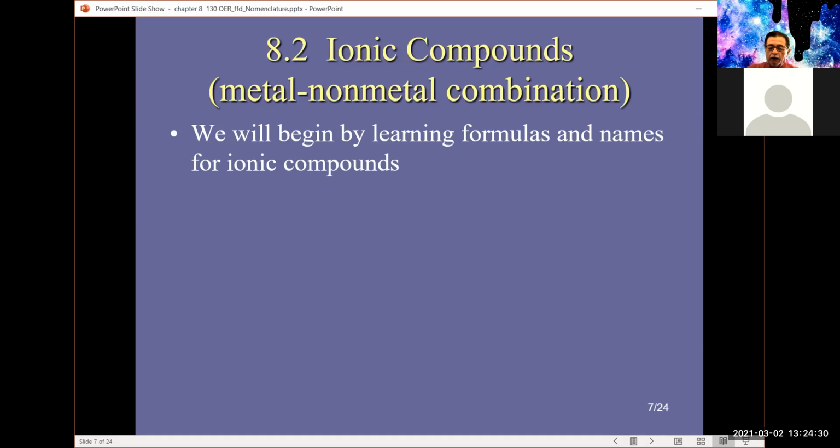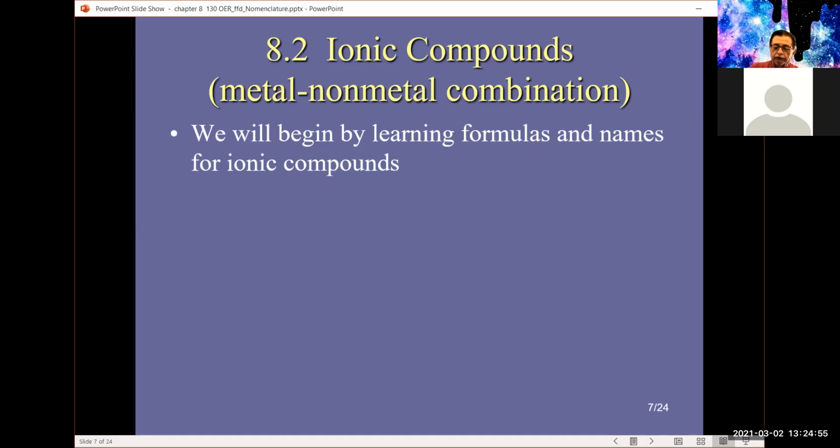Now, we're going to be talking about the metal and non-metal combinations. We're going to start learning the formulas and names for ionic compounds. Now, as we progress, keep in mind, you can do a ton of mix and match. We may be doing examples of certain cations and certain anions, but remember, I can intermix these things.